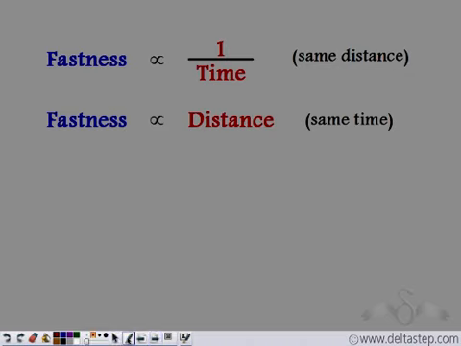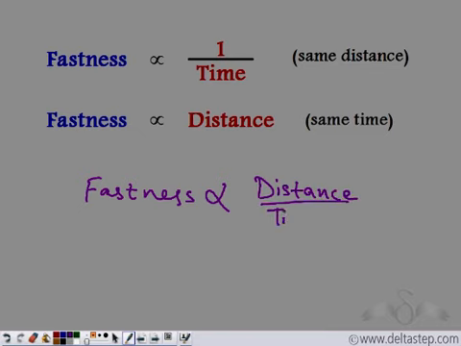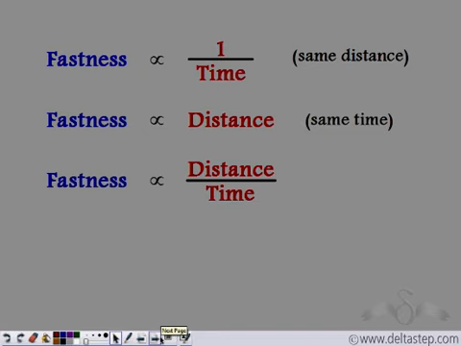And if we combine these two, we get fastness is proportional to distance divided by time. So fastness is proportional to distance by time.